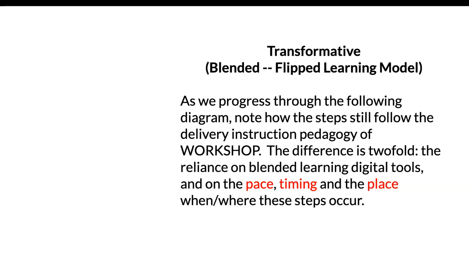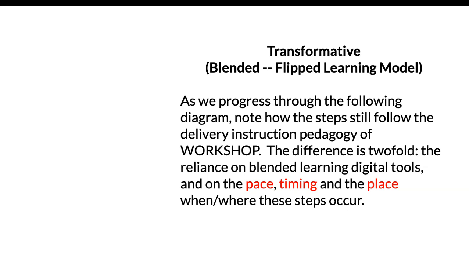So as we progress through the next pieces of the diagram, note how these steps still follow really the idea of workshop. What is changing in the idea of workshop is, first off, that there's a lot of digital tools that are going to be mentioned and referenced. But secondly, that the idea of pace and timing and place, when and where those steps of workshop occur, is changing.